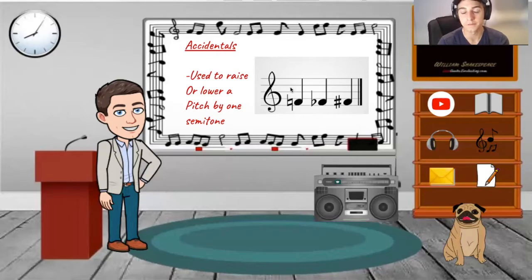Important thing to know, naturals, if they're just organically written next to the notes like these ones, they only last for that one measure. So the next measure, if you saw the same note, like this F that didn't have a natural sign by it, you would still play it the way that the key signature tells you to. But if you see a natural sign next to it, you play it as just the diatonic version of that note.